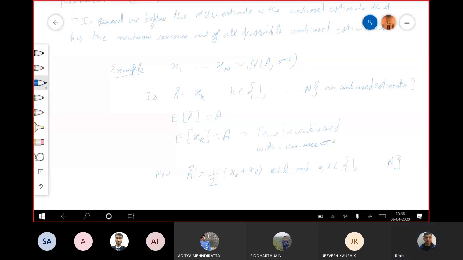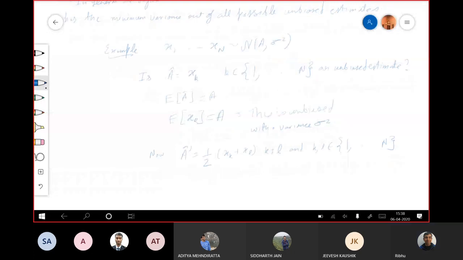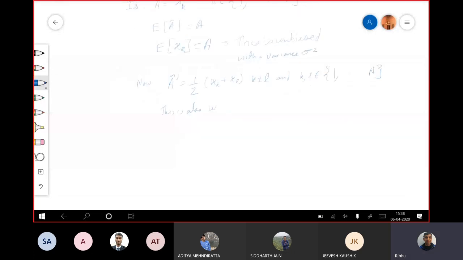So this is also unbiased. Variance is sigma square divided by 2.